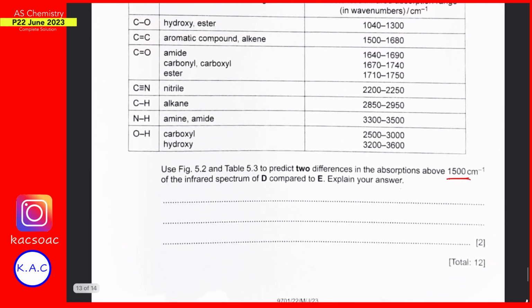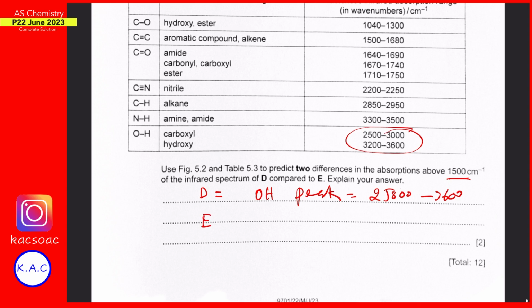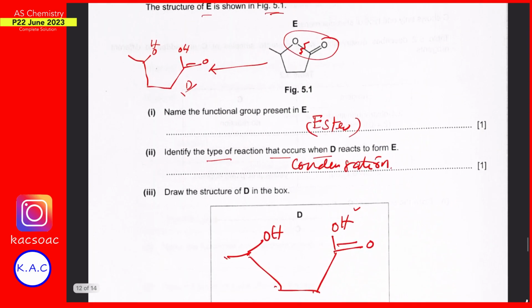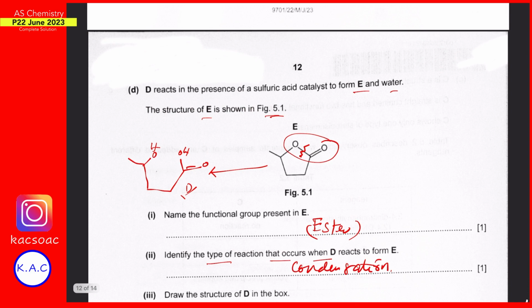So the OH peak is missing in E. In the case of D, the OH peak should be there, lying in the range 2500 to 3600 per centimeter. That is missing in E. And the second thing, in E we have no peak present over here, and this is an ester.